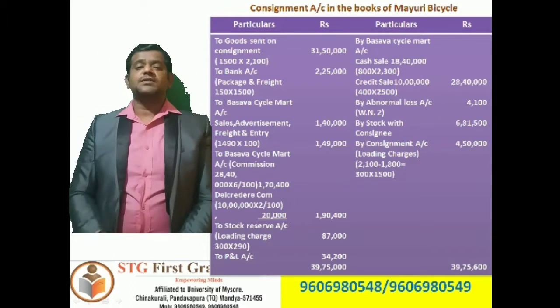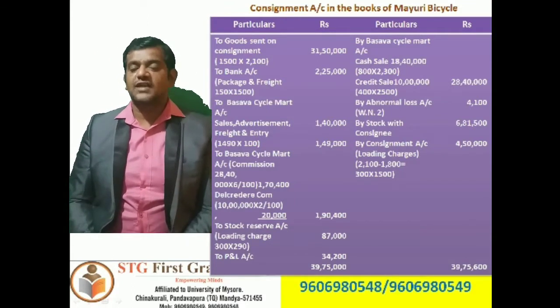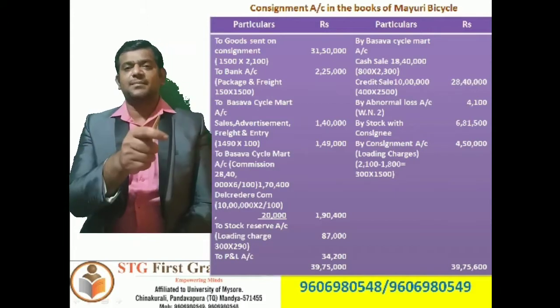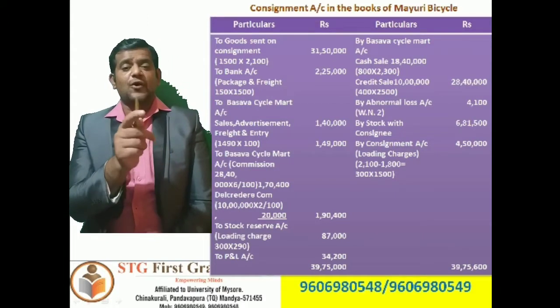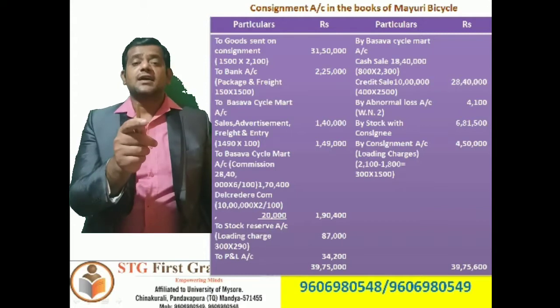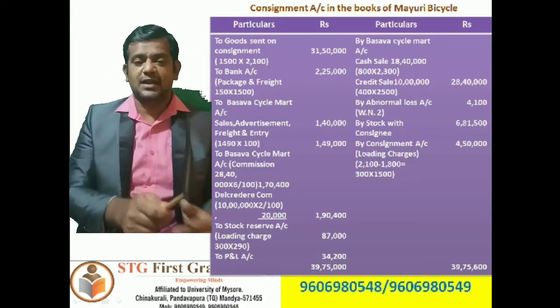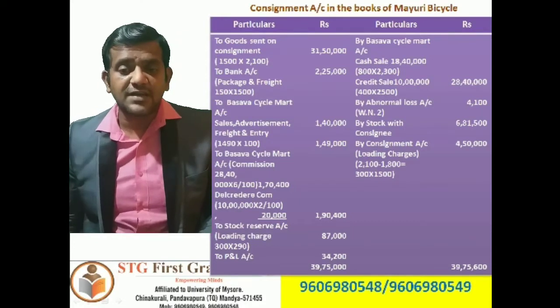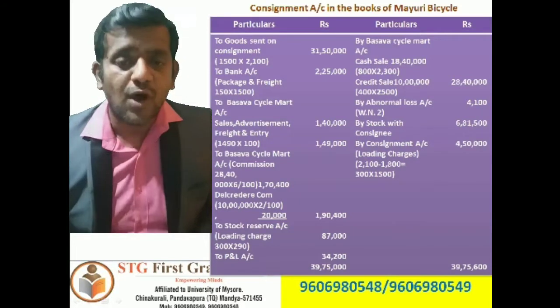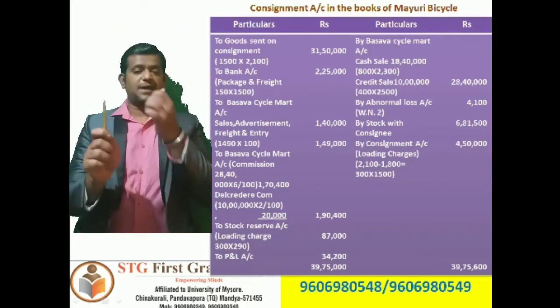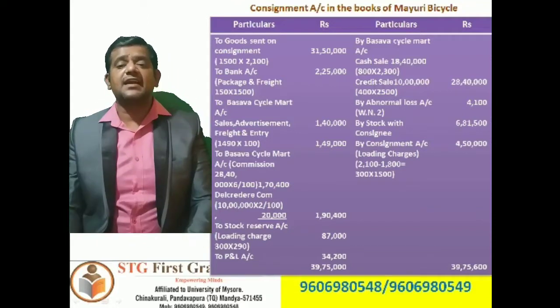So next, to Basava Cycle Mart account. That is all the expenses incurred by the consignee. All the expenses incurred by the consignee we are supposed to consider while doing this particular problem. Basava Cycle Mart account. So what are all the expenses incurred by them? That is sales and advertisement.